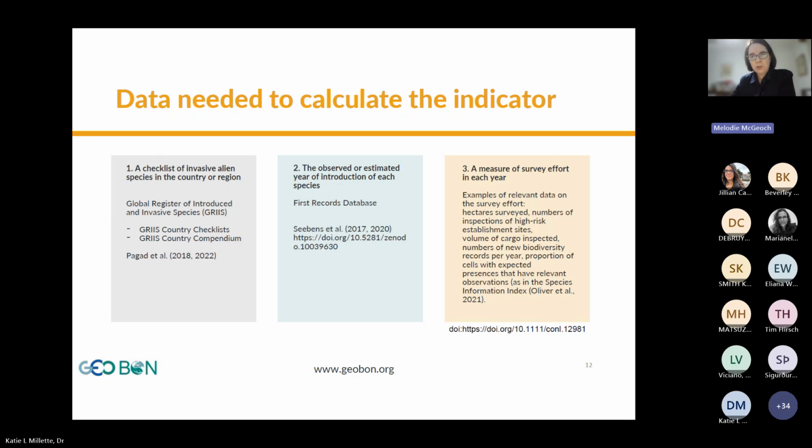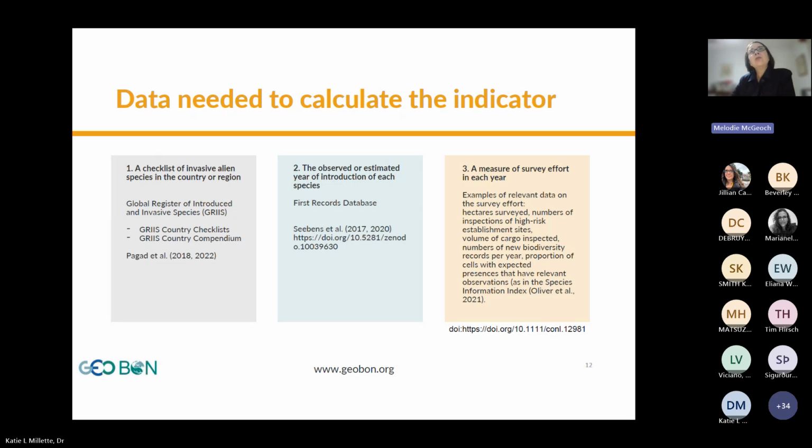This is more troublesome and less readily available. Nonetheless, there are a range of possible proxies, and which proxy to choose is really going to depend on your country, what makes sense, what data you have available. But we're pretty convinced that there will be a solution. So some of the things used, for example, are hectares surveyed, numbers of inspections of high-risk establishment sites, volumes of cargo inspected, numbers of new biodiversity records per year.